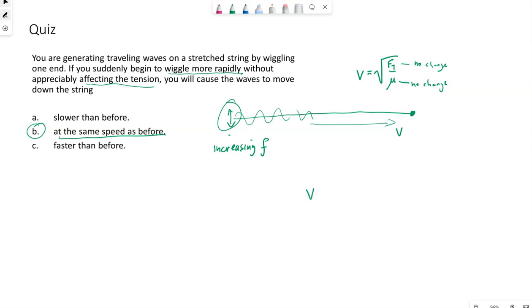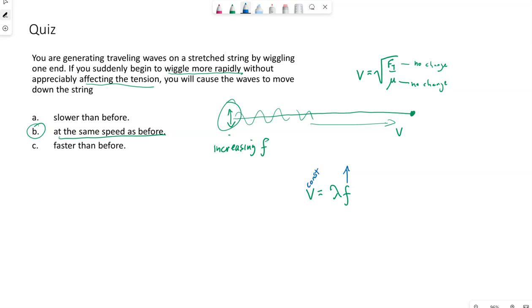But again, we have this relationship that the speed of a wave is equal to wavelength times frequency. And the gut instinct typically is, if I make frequency bigger, we expect the left side to get bigger too, and so we want to say that the wave is going to travel faster. But that's not the case.